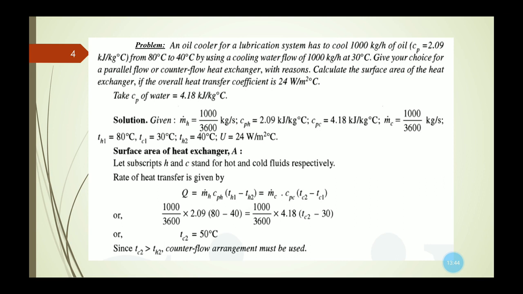Here m dot h is 1000 by 3600, Cph is 2.09, and Th1 and Th2 are given in this numerical. In the right hand side of this equation, m dot c is already given, Cpc is the constant value, and Tc2 we need to calculate, so it will be unknown in this step. And Tc1 is given in this numerical. This is the inlet temperature of the cold fluid, 30 degrees centigrade.